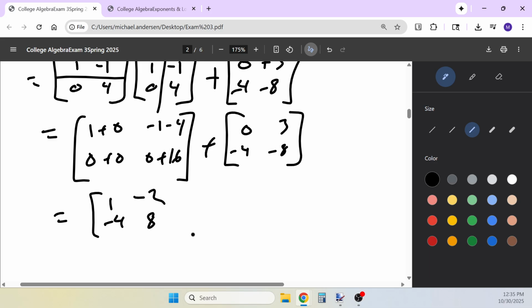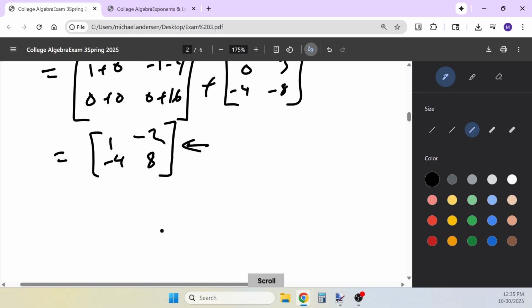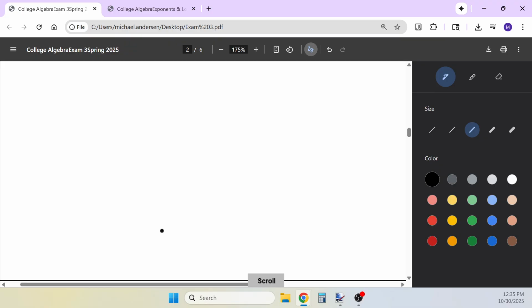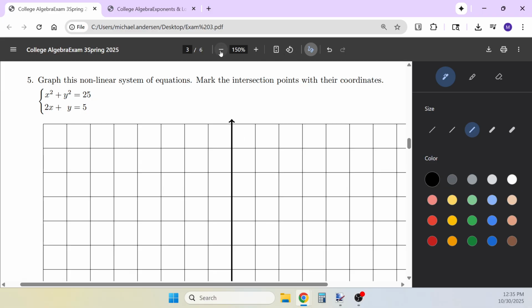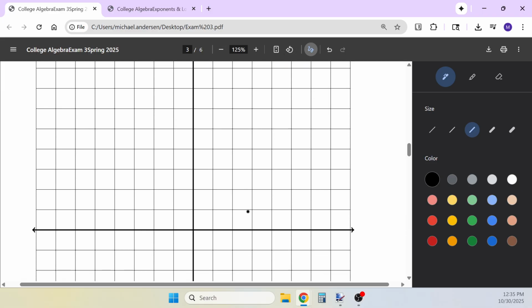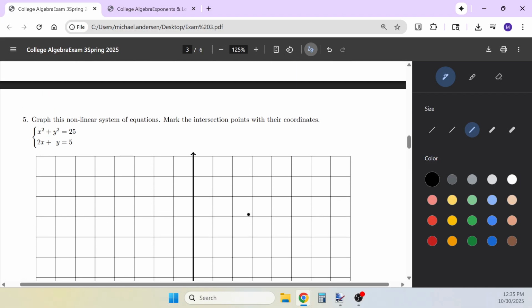Now graph this nonlinear system. This is the equation of a circle of radius 5 at the origin.